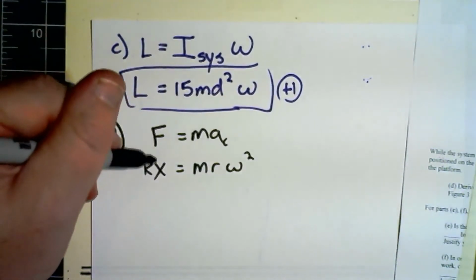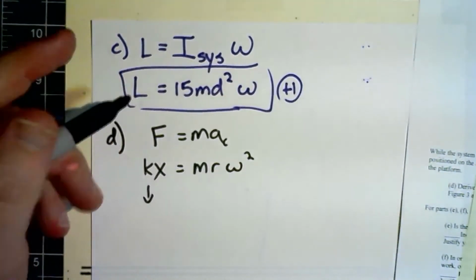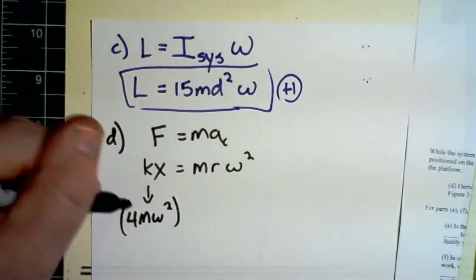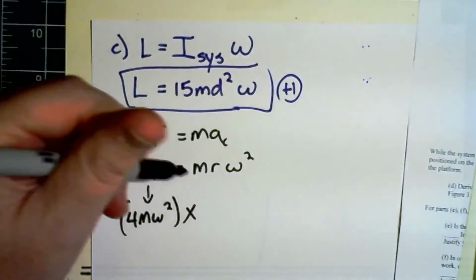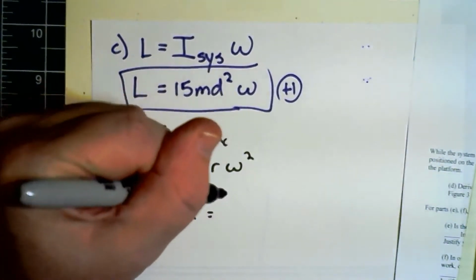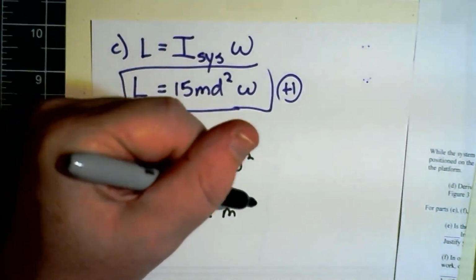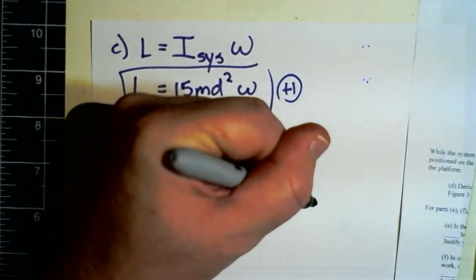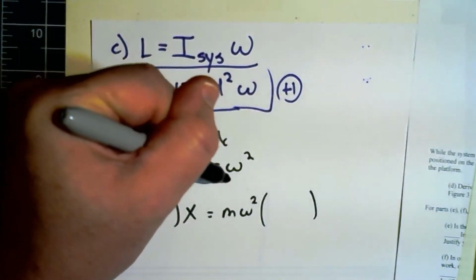Now this time I know what k is. The k, the spring, hasn't changed. That's 4m omega squared from previously. X is our variable. That equals m, and I'm going to leave omega squared up front. But the thing I don't know is what is my new r.